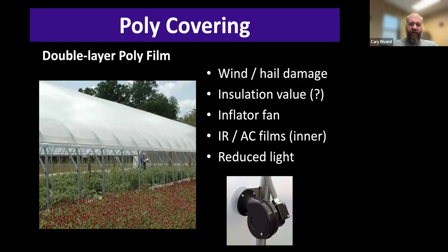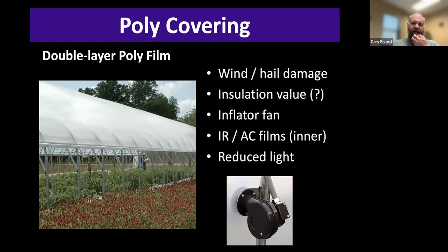It likely holds the heat in a little bit better. But I think one of the biggest benefits, at least here, is that poly, once it's inflated, is tight, stiff, right? It's rigid. And so that's going to make it more resistant to wind damage, which can be a big issue, right?